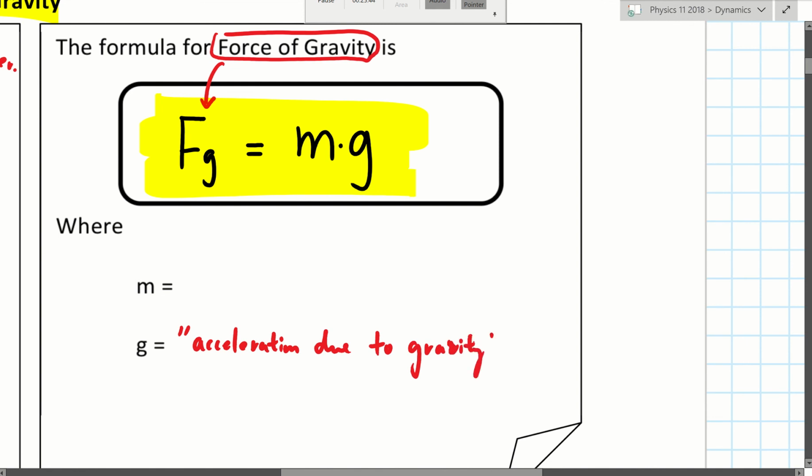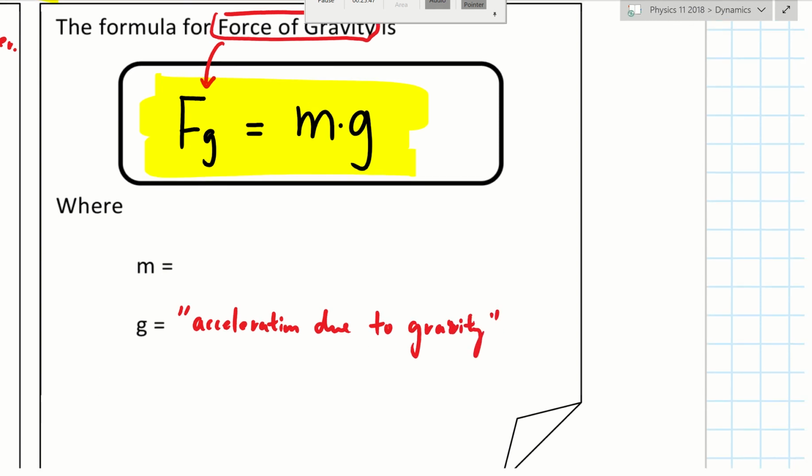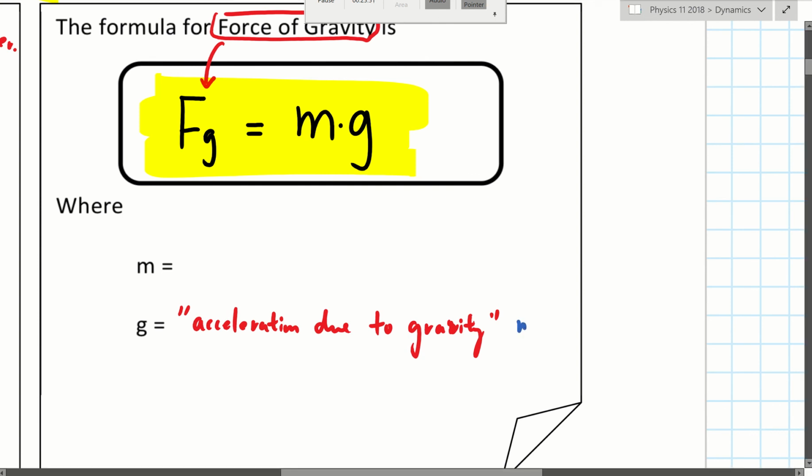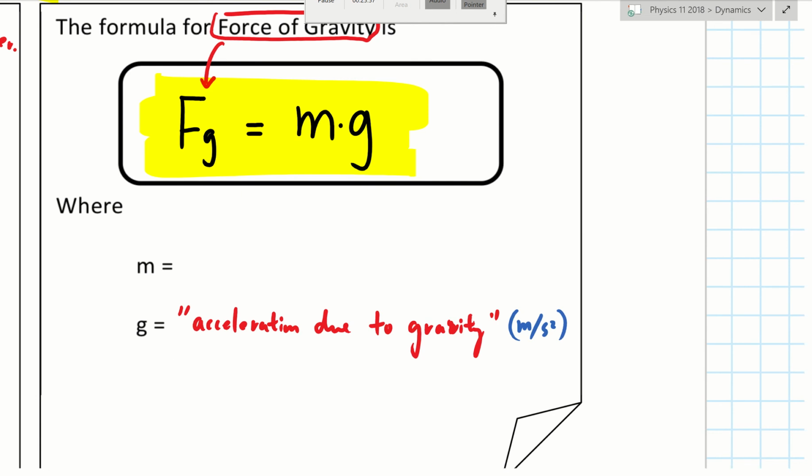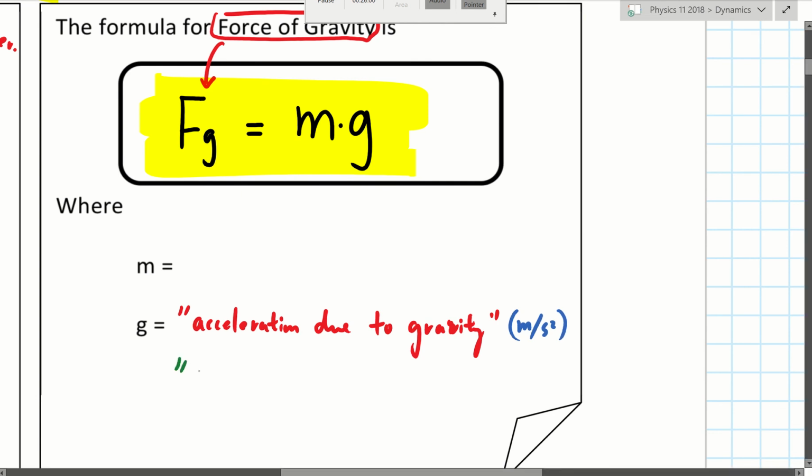So that's the 9.8. Okay, so it's in meters now. Usually, of course, you can measure in meters per second squared. That's one of the acceptable units. But sometimes this is also called gravitational field strength.